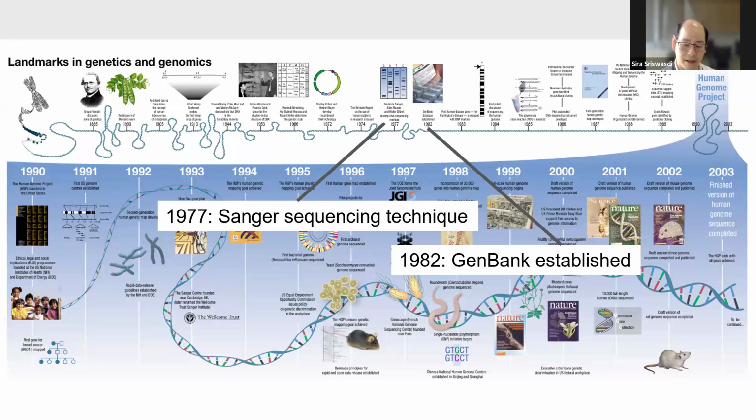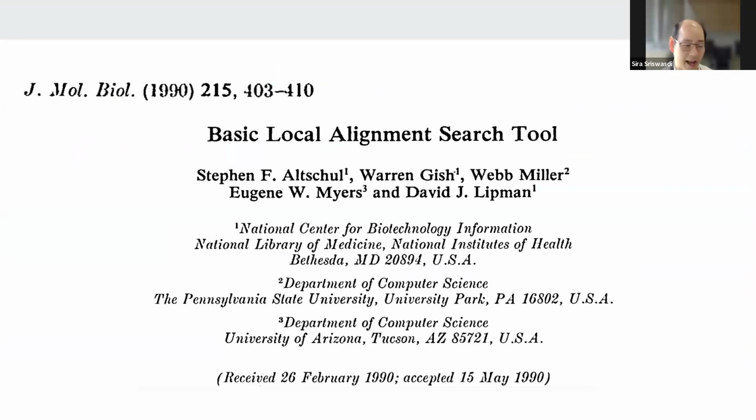So sequence alignment has been, let's say, almost probably the first bioinformatics technique that people started using. And if you go back and look at the paper for BLAST, Basic Local Alignment Search Tool, this was invented in 1990. So people from a computer science background started to help biologists analyze their DNA sequence and protein sequence data from a very long time ago.